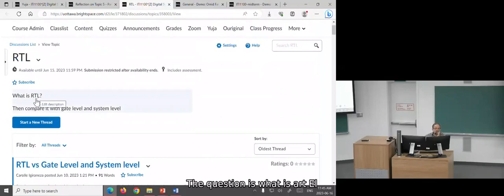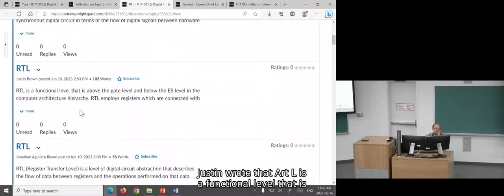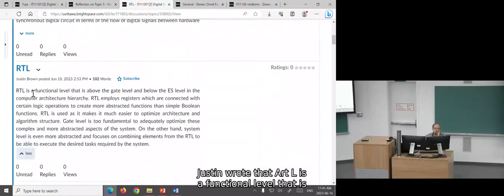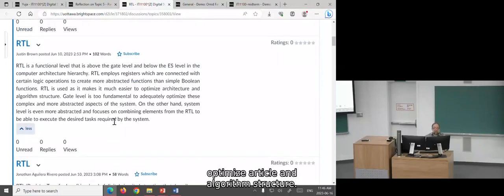So RTL, what is the question? The question is, what is RTL? Then compare it with gate level and system level. Justin wrote that RTL is a functional level that is above the gate level and below the system level in the computer architecture hierarchy. RTL employs registers which are connected with certain logic operations to create more abstracted functions than simple Boolean functions. RTL is used as it makes it much easier to optimize architecture and algorithm structure.